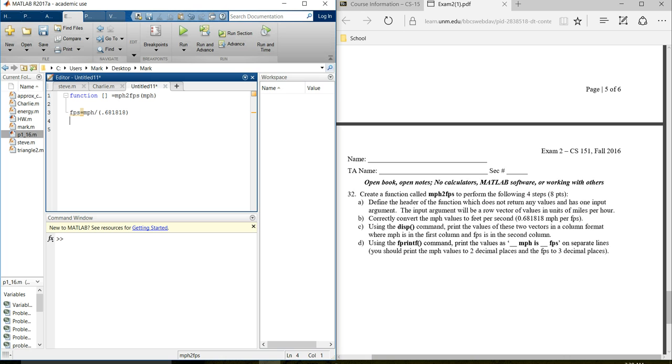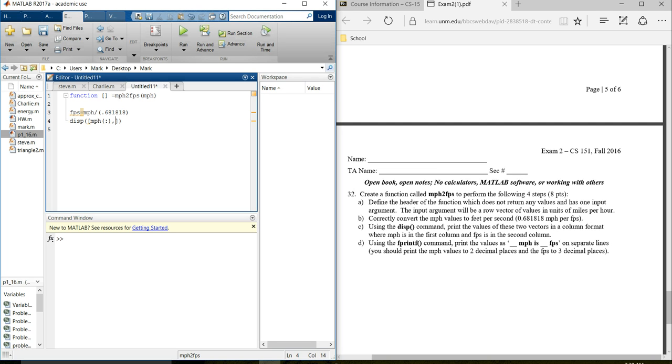And using the display command, print the values of these two vectors in column format, where mph is in the first column and FPS is in the second column. So then what we say is display, and he wants mph to be in the first column, and then FPS.